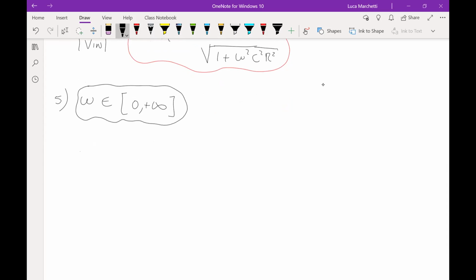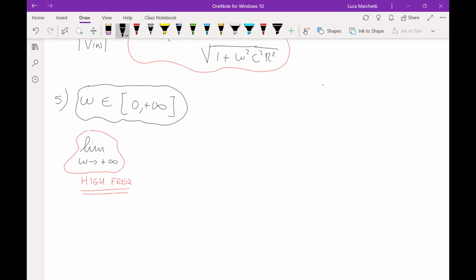So what we are going to do is calculate the limit for omega that goes to plus infinity. But what does it mean actually? What are we doing by doing this? In other words, what we're doing is trying to understand how the filter behaves at very high frequency and at very low frequency. So we have to know very well what the math means. Yes, the limit symbol is very fancy and very nice, but what we are actually looking for is just to understand the behavior of the filter at high frequency.